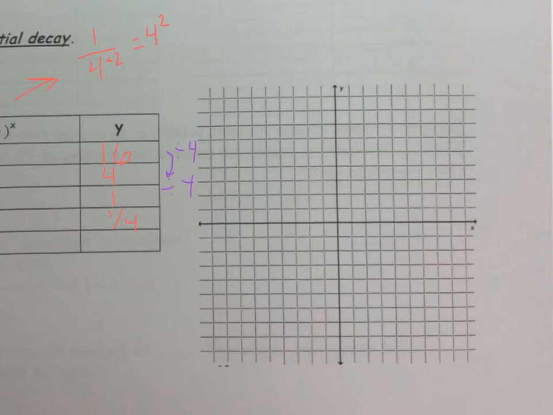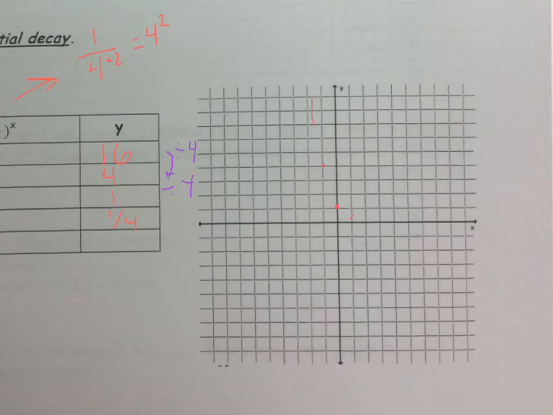I'm not going to be able to graph 16, so I'm just going to go when x is -1. We've got 1, 2, 3, 4. When x is 0, y is 1. And down here, when x is 1, it's a fourth. So that means it's dropping off significantly, like right down there.